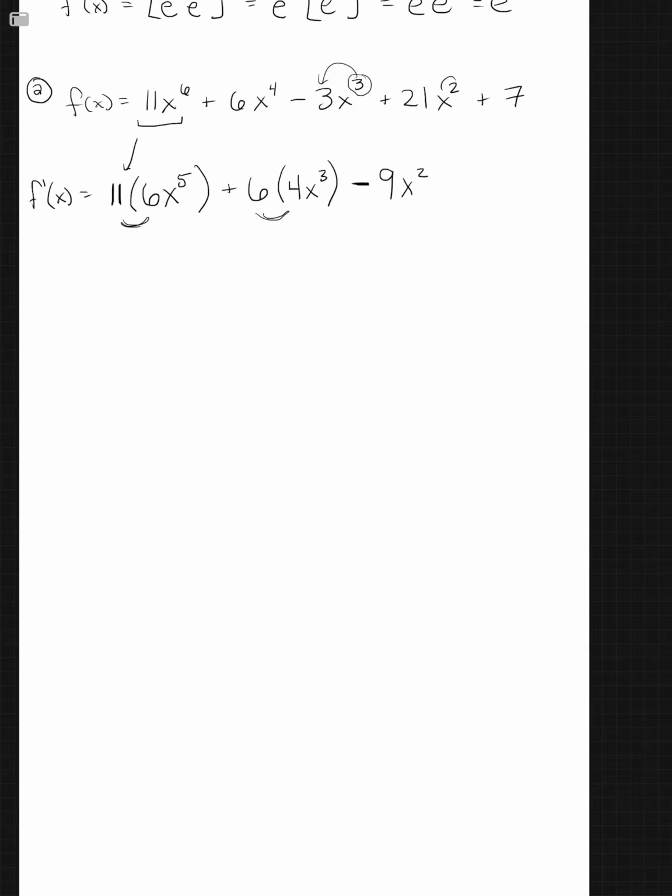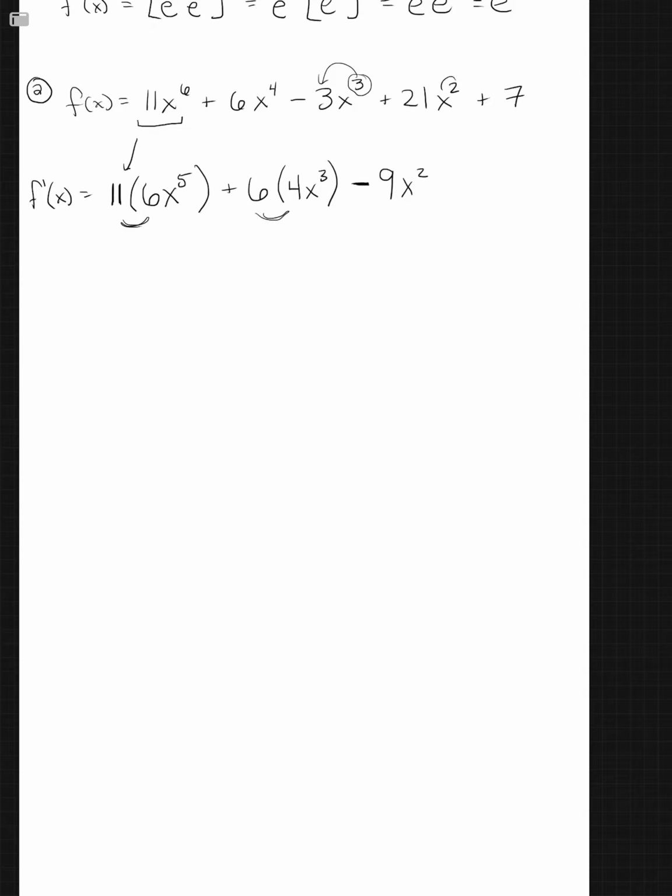It's this rule, the derivative of a constant, and that says we get 0. So our final answer is 66x to the 5th plus 24x cubed minus 9x squared plus 42x.